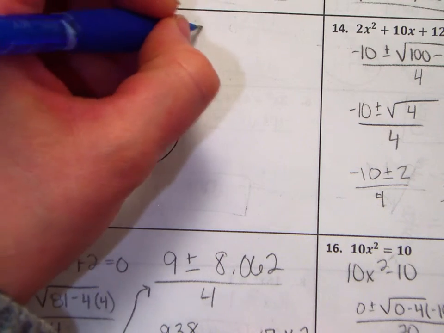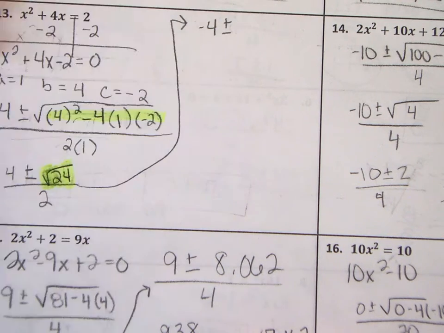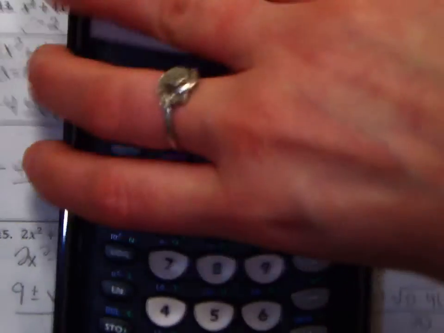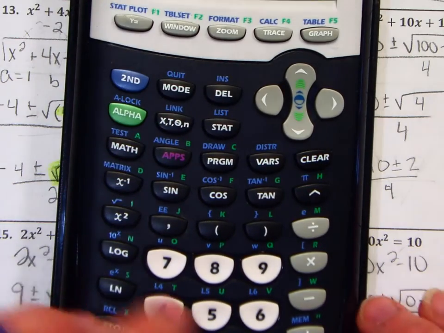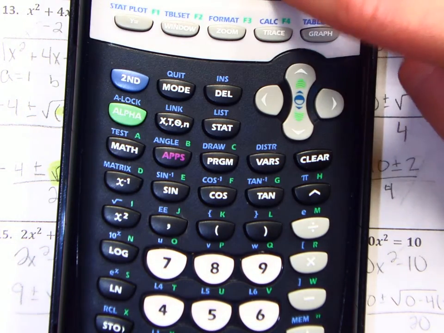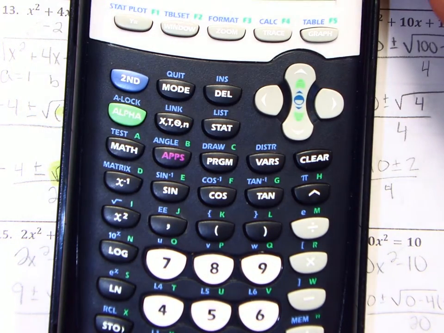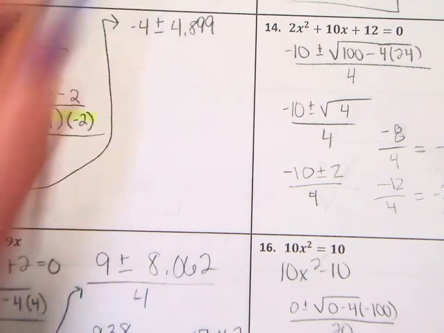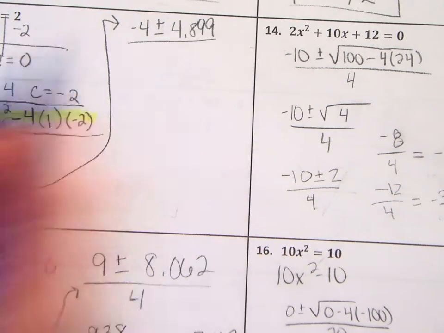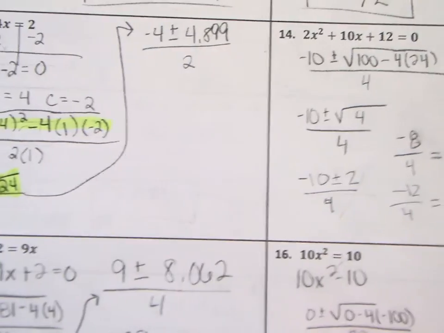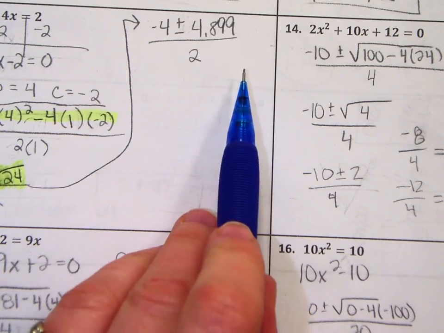You're going to keep your negative 4, the plus and the minus, and then the square root of 24 in a calculator will give you 4.899. So just change that square root into a decimal value, and this is over 2, just like it was in the previous step. Now we have to separate this into its 2 separate answers.